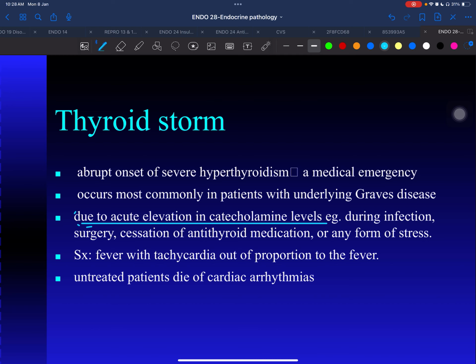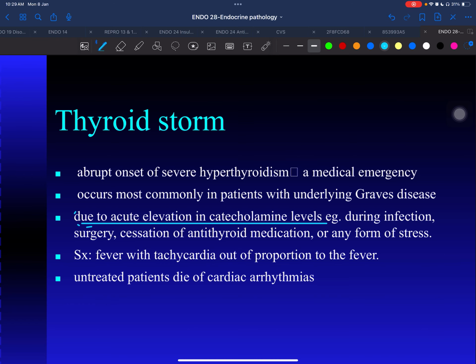Okay, and it occurs most commonly in patients with Graves' disease due to elevation in catecholamines, such as an aggravator that precipitates it, such as infection or surgery. You stop the anti-thyroid medication, then suddenly the T3 and T4 shoot up, and then there will also be elevation in the catecholamines, and then there's fever, there's tachycardia, and they can die of cardiac arrhythmia. Okay, that is thyroid storm.